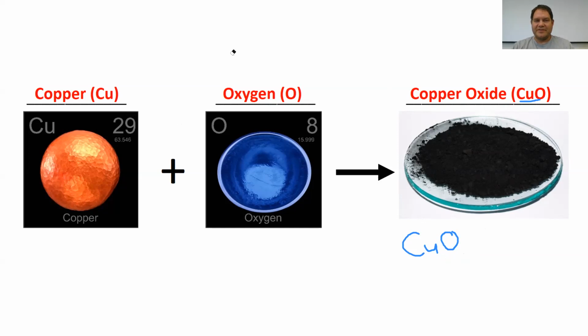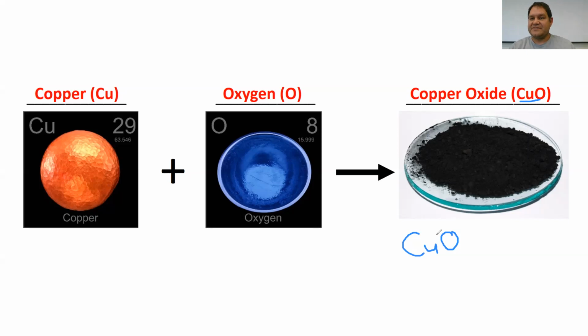But the other thing to point out here is that copper looks so much different from copper oxide. I showed you, and I'll show you again, that copper has this crystal structure, this hard solid metal that we're familiar with. And then we take oxygen. Now, oxygen at room temperature is a gas, and you can't see it.